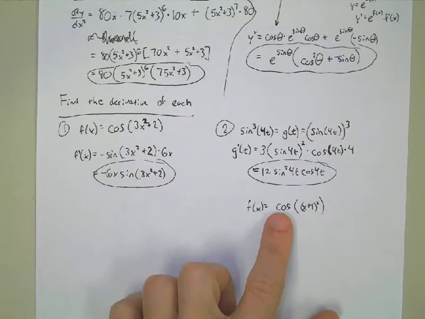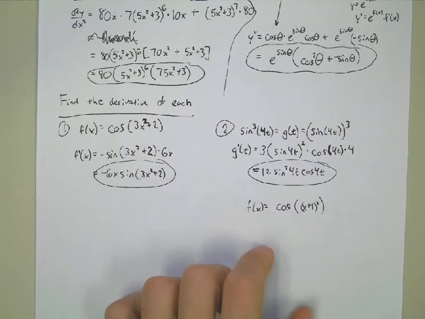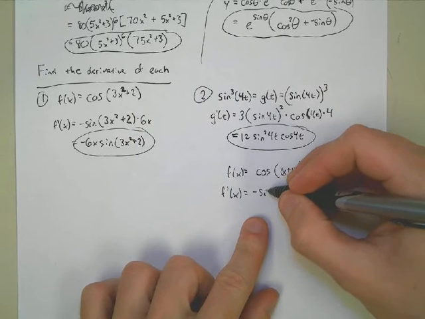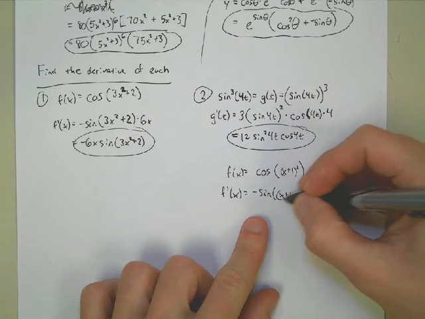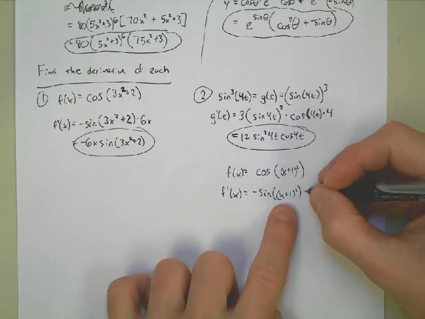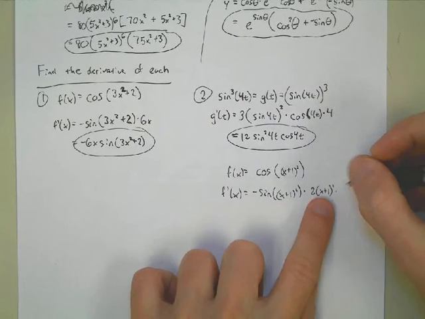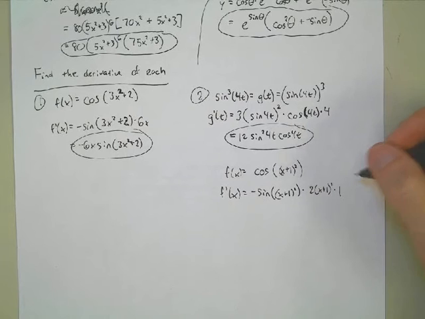Derivative of cosine is negative sine, x plus 1 quantity squared, times the derivative of what's inside, so times the derivative of this is 2, x plus 1 to the 1, times the derivative of what's inside that, which is just 1. Okay. So you peel off a layer each time. Every time you take a derivative, that layer is now peeled off, you then multiply by the derivative of what's inside that. Peel off that layer times the derivative of what's inside that, peel off that. One more similar to that, please.